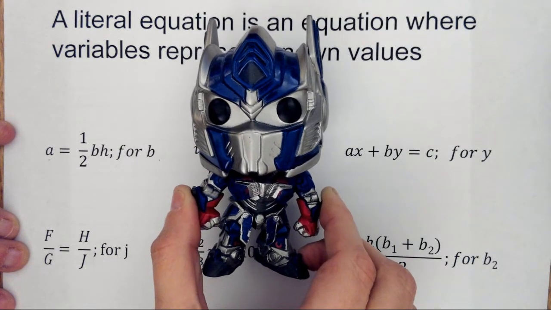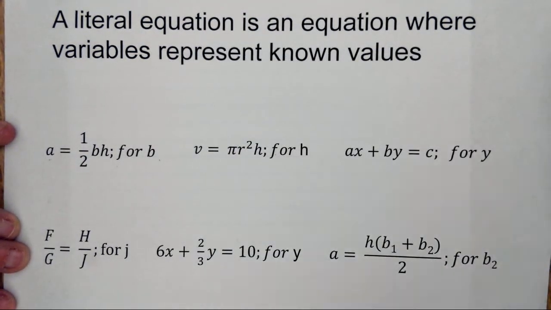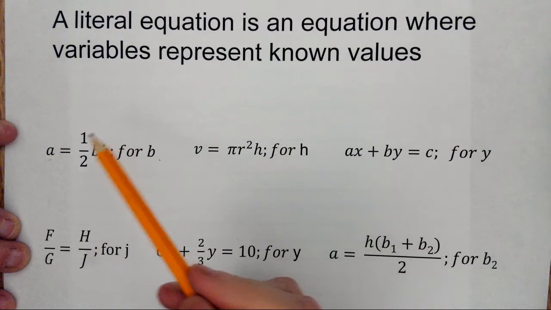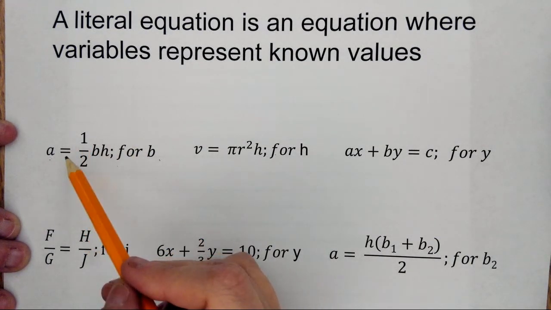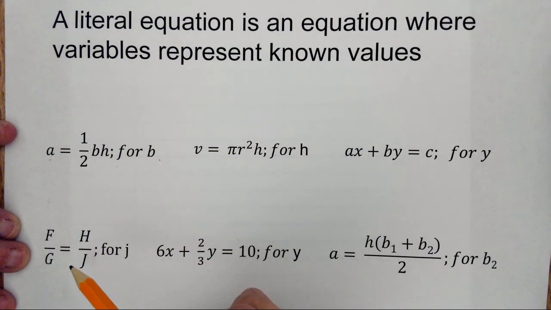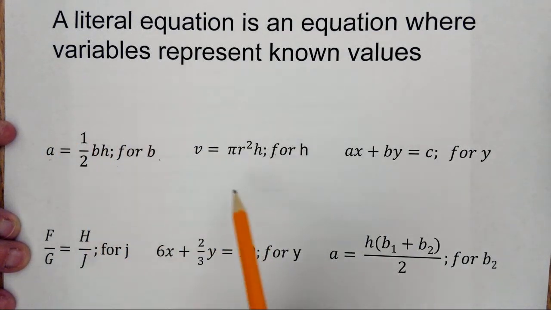They just rearranged so that he could look like a truck instead of looking like a robot, okay? And that's what we're going to do here. We're going to take these equations, these values, and rearrange them so that instead of being A equals, we're going to have B equals. That's all we're doing: rearranging and transforming from one form of this equation into another.